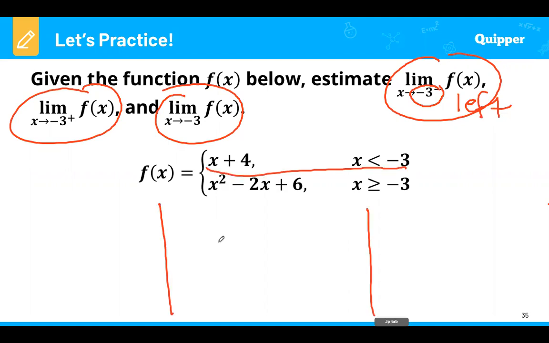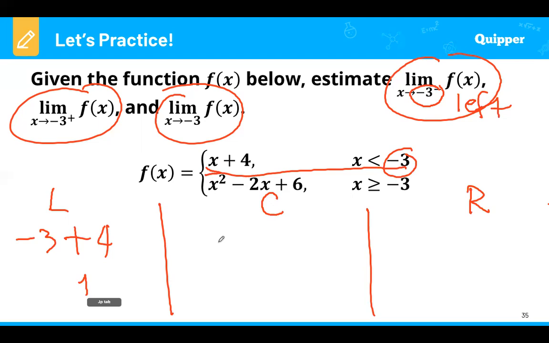So this is the left, and then this is the right. So we will start with the left side. So we have negative 3, just change the x. So negative 3 plus 4, the answer is 1. So from the left side, the limit is 1. Easy.